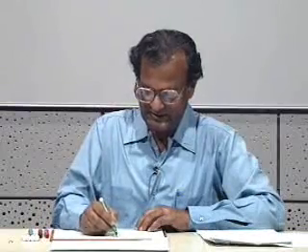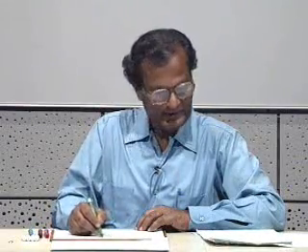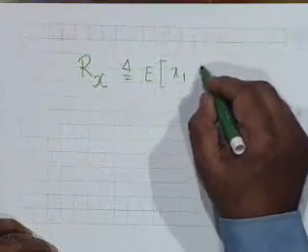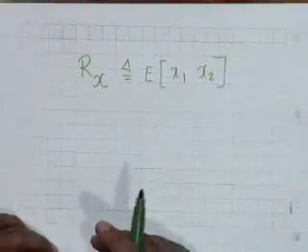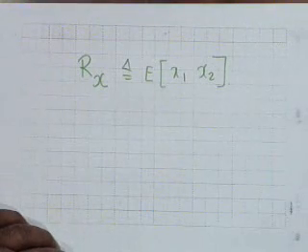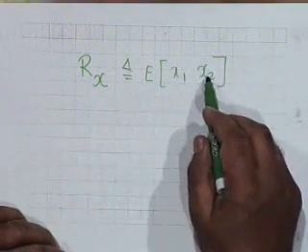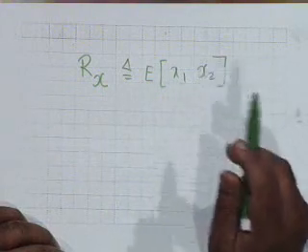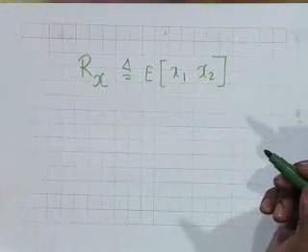We should have written RXX for autocorrelation and RXY for cross correlation, but to keep notation simple, if it is autocorrelation, we write only one subscript, that is X. And Rx by definition is the expected value of X1 and X2. They come from the same process but at two different instants of time.